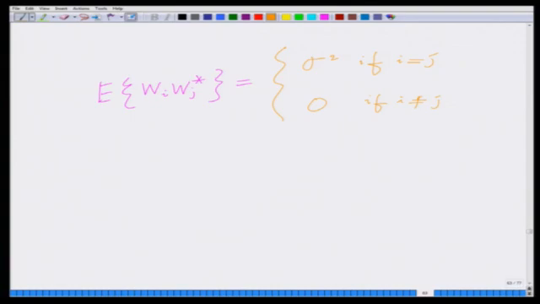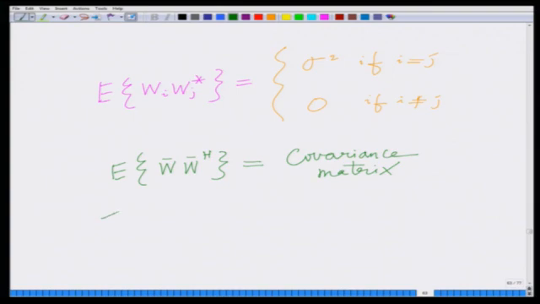Okay. And the one last thing we would like to do is characterize the covariance matrix of this noise, that is, the expected value of W bar W bar Hermitian, which is termed the covariance matrix of this noise.